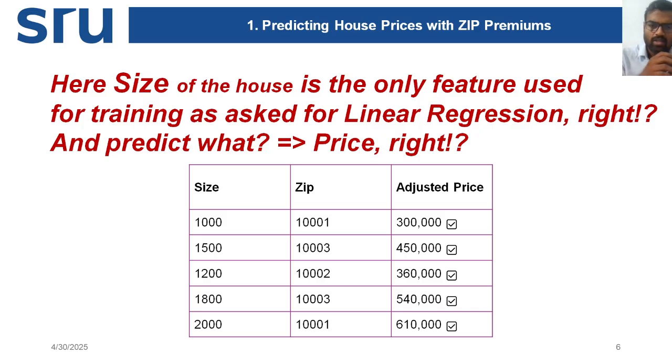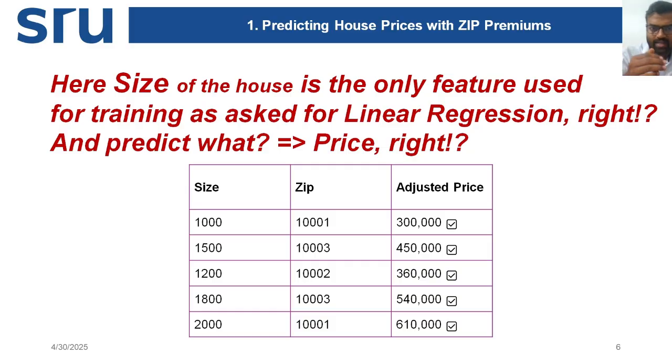In linear regression, we're talking about which one is affecting the price of the house. Obviously size. So we are predicting price, the adjusted price, which is going to be y, and y equals mx plus b, right? So x is obviously size.